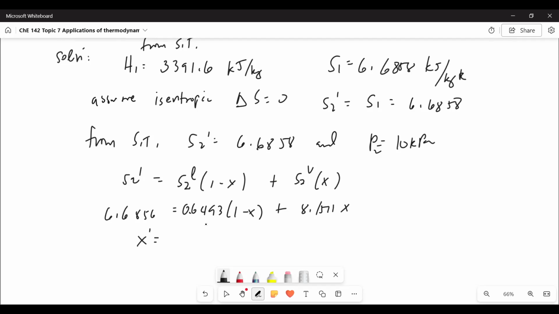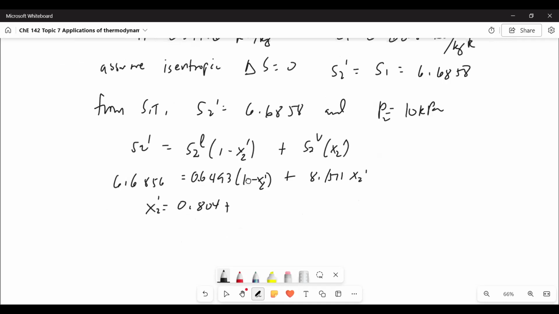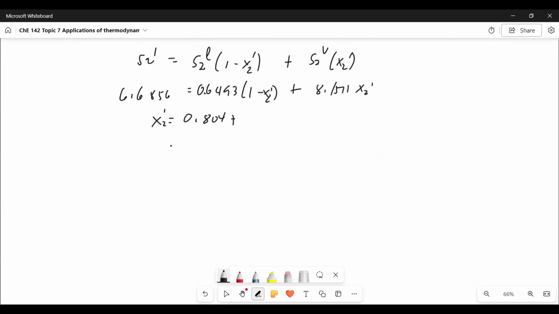So also, by the way, this is x2 prime. So solving for x2 prime, the quality during isentropic expansion is 0.8047. Okay? So that's the mass fraction of the vapor.